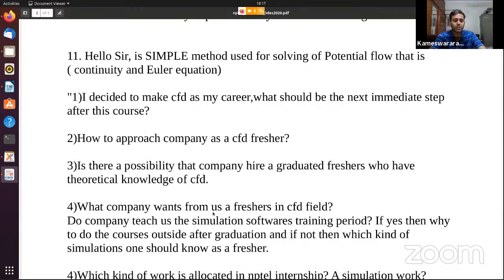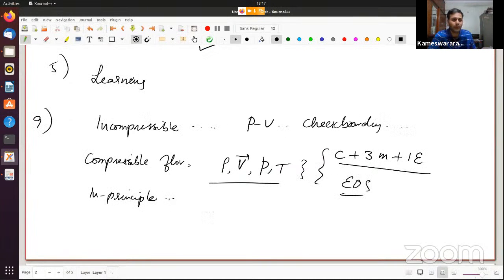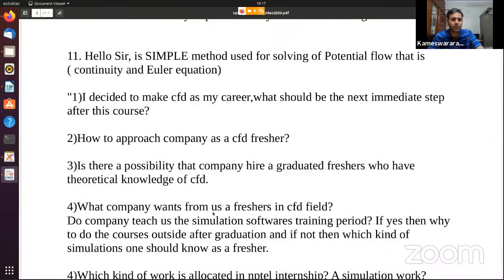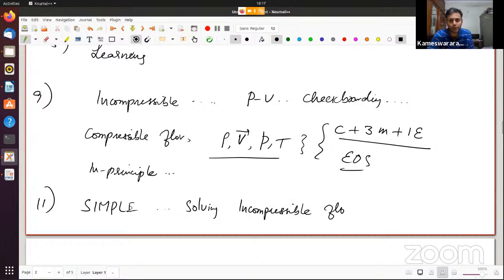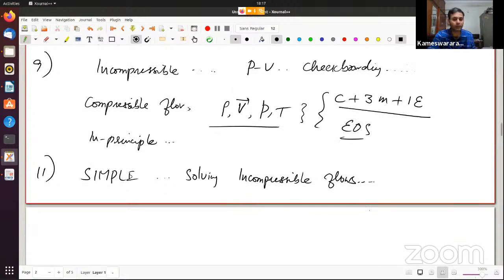Then the next question is, is the SIMPLE method used for solving potential flow, that is, continuity and Euler equations? No, SIMPLE is not a method for potential flow. This is question number 11. SIMPLE is a method for solving incompressible fluid flow. So it is not for potential flow.